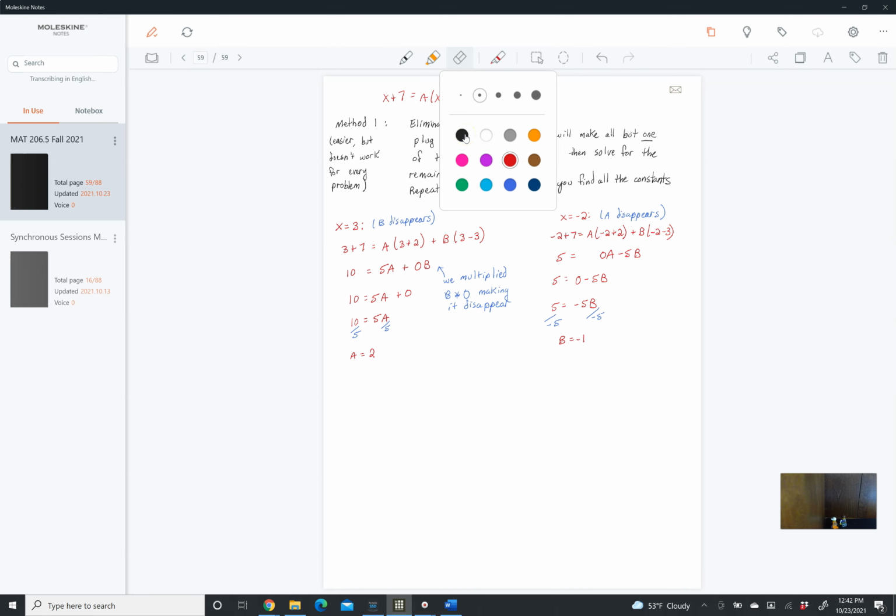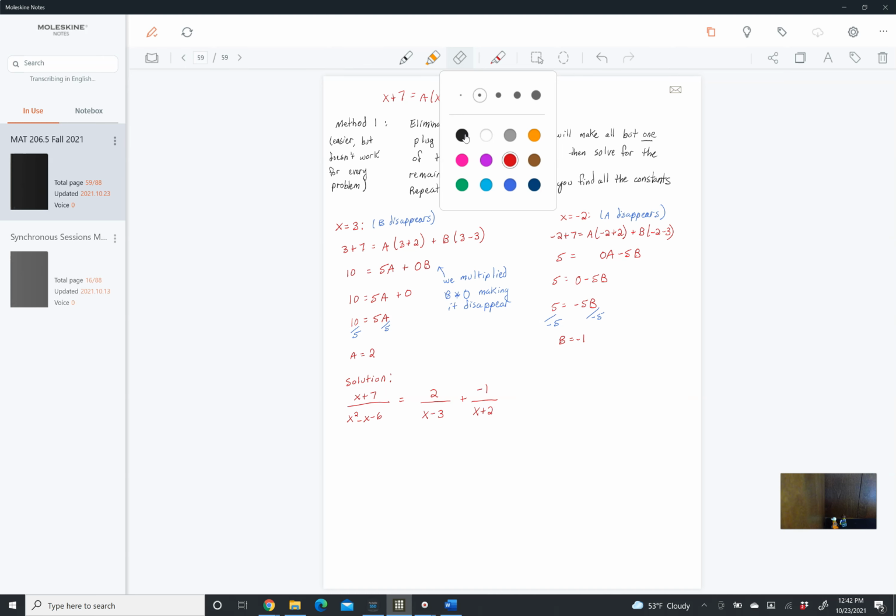So our solution is that (x plus 7) over (x squared minus x minus 6) is equal to A over (x minus 3), but A is 2, so 2 over (x minus 3) plus -1 over (x plus 2).